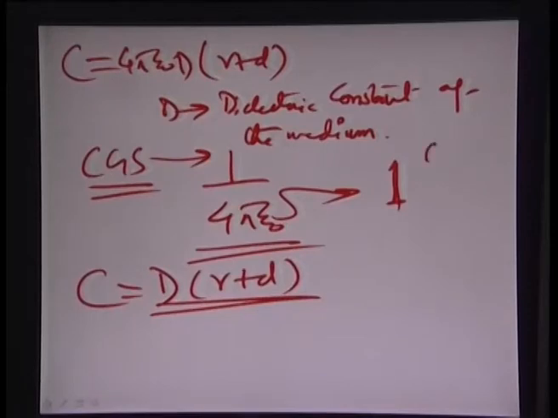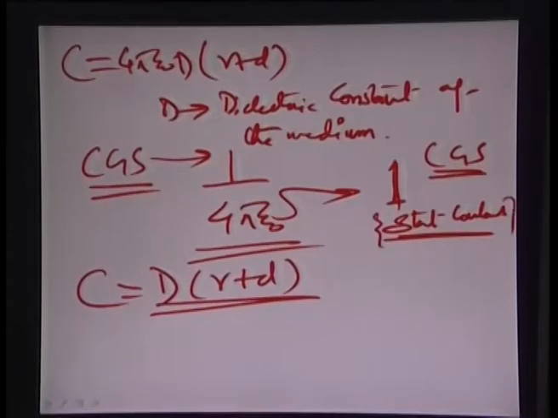By the by, in CGS units, the unit of charge is quite different from our coulomb. It's called stat coulomb, and this accounts for the factor of 1 by 4 pi epsilon naught. One dyne, a unit of force in CGS, is essentially the force between two stat coulombs of charge separated by a distance of 1 centimeter in vacuum.